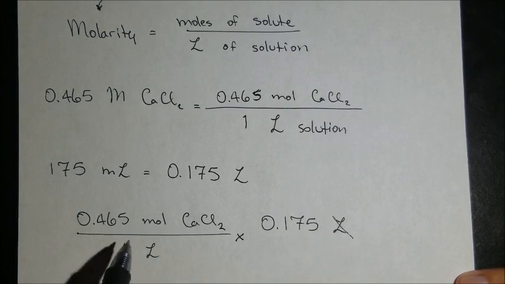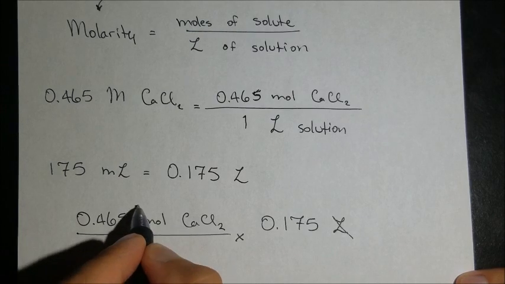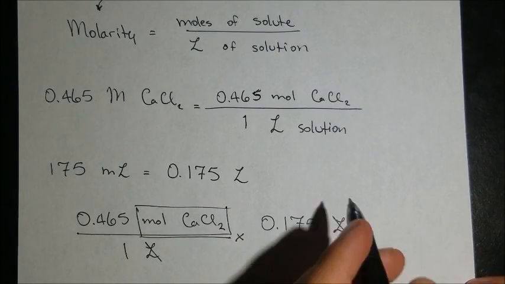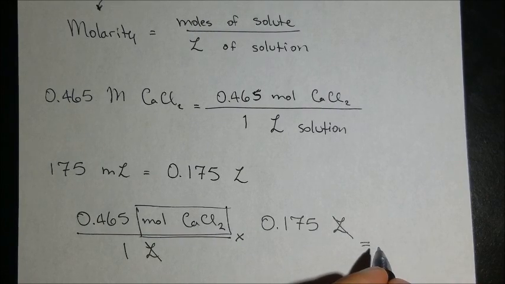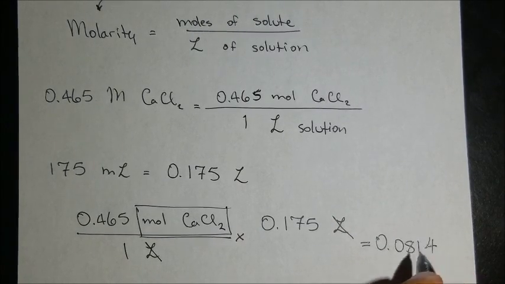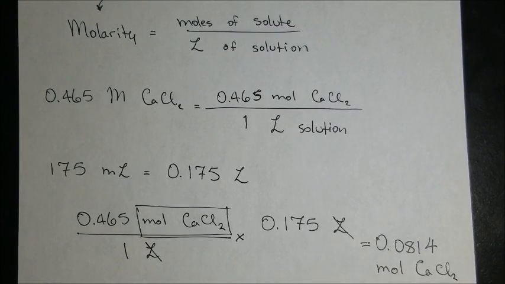Now our liters cancel, and what we're left with is the number of moles of calcium chloride. And if we do this, it leaves us with 0.0814 moles of calcium chloride.